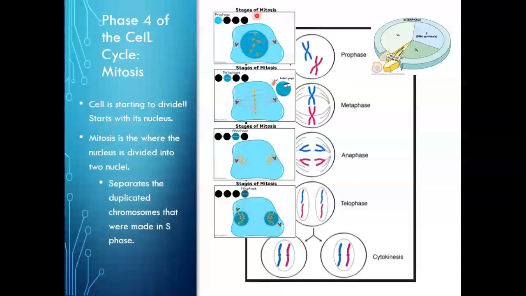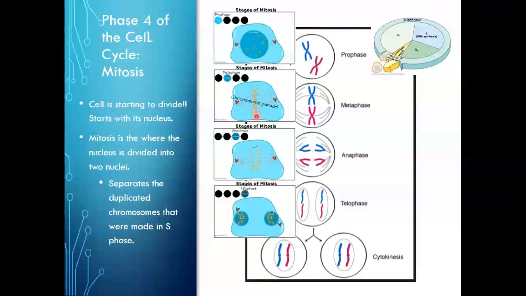So just to recap, pro is kind of messy. It's chaotic. There's some fishing going on. The spindle fibers form from the telomeres, but they're not really organized quite yet. The nucleus is breaking down. In metaphase, they line up like a parade in the middle, meta for middle, and the fishermen, the telomeres, start to organize their spindle fibers.